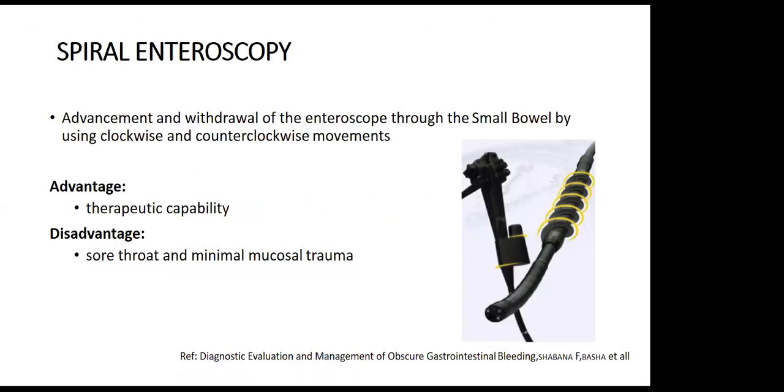Spiral enteroscopy is enteroscopy in which we use clockwise or anti-clockwise movements in advancing and withdrawing the enteroscope through the small bowel, and we can visualize the GI tract. The advantages are also therapeutic capability, and it has a disadvantage of sore throat with minimal mucosal trauma.